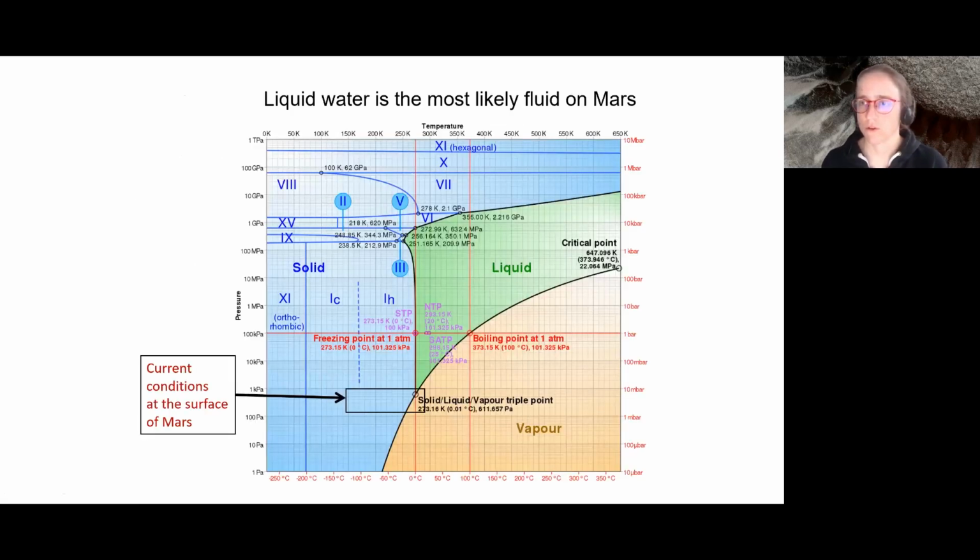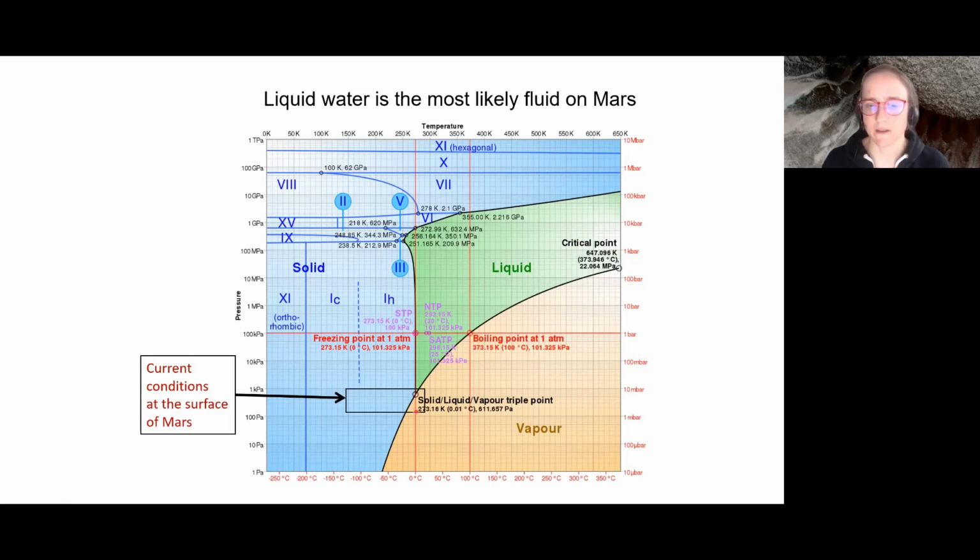So just to clarify one of the points I made earlier, this is the phase diagram for water, and what we're plotting here is temperature along the bottom axis and pressure along the y-axis. What you can see across here in red is 1 bar, so that's terrestrial pressure.